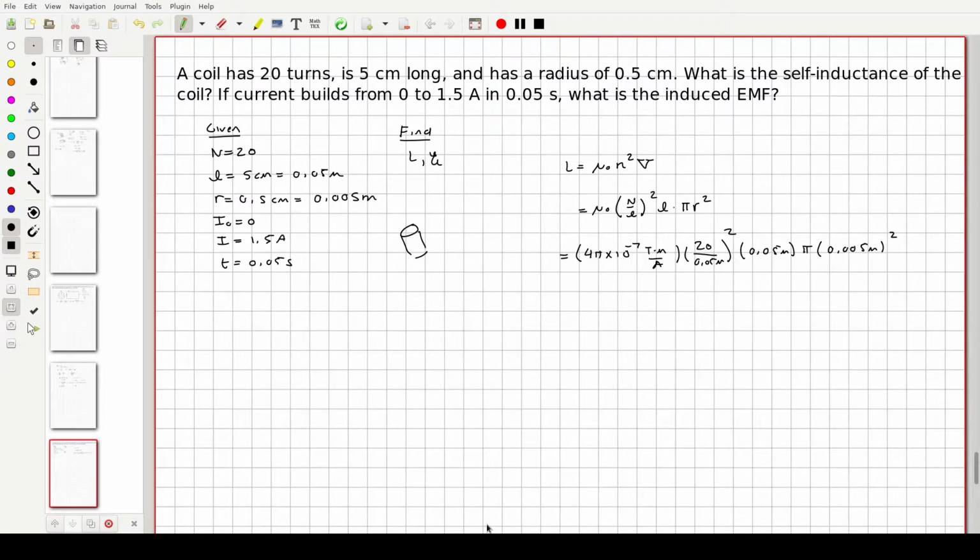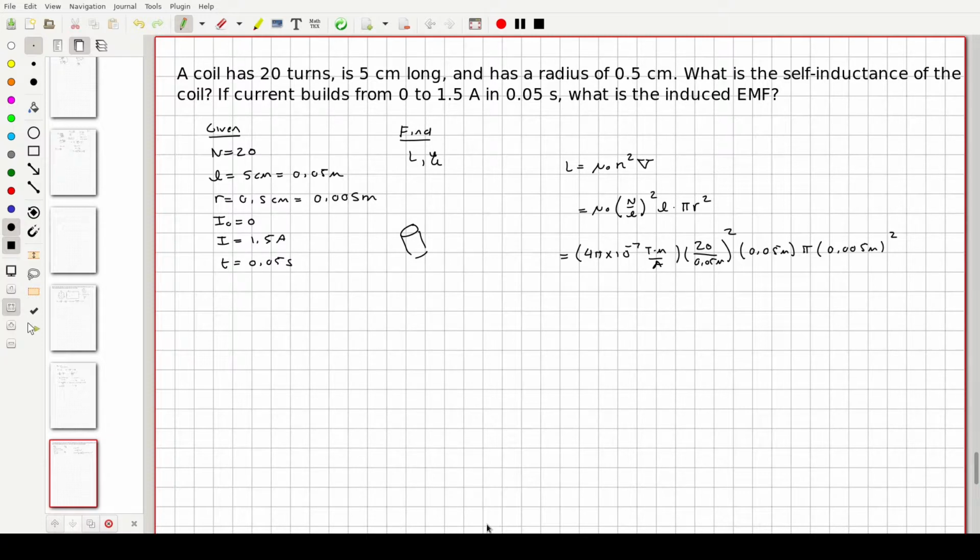So what's our self-inductance here? What's the inductance of this coil? 4 times pi times 10 to the minus 7th times 20 divided by 0.05 squared times 0.05 times pi times 0.005 squared.